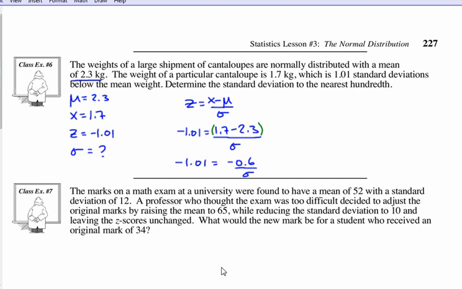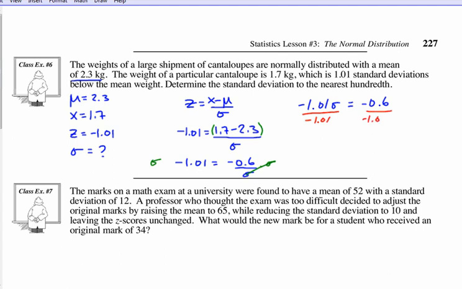We want to get standard deviation by itself, but we can't solve for it if it's on the denominator. So we have to get rid of that fraction. So our first step here is multiply both sides by the standard deviation. So you have negative 1.01 standard deviations is equal to negative 0.6. Okay, so now we want sigma by itself. It's being multiplied by negative 1.01.